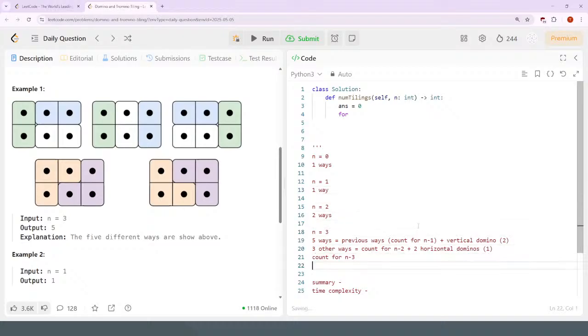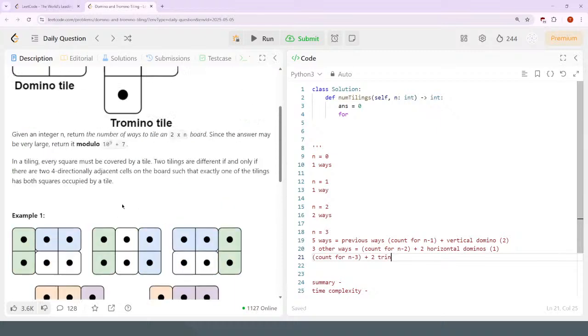Okay, that's how that works. So the count for n minus 3 plus 2 Tromino.